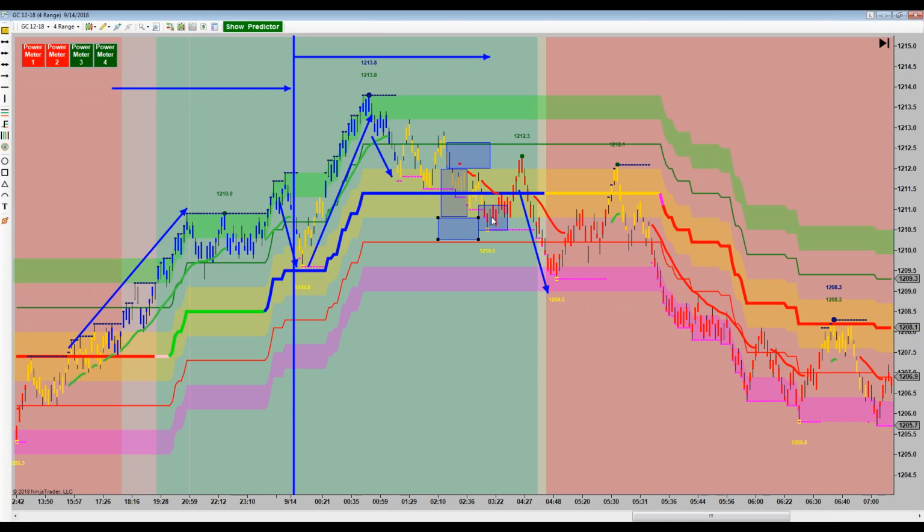Now, let's talk about when a trend change occurs. And I'm going to ask it in this way. Would you say that the trend changed on this chart on gold at this point, we'll call it A, or at this point, we'll call it B?